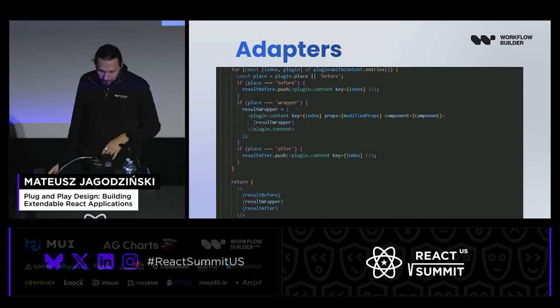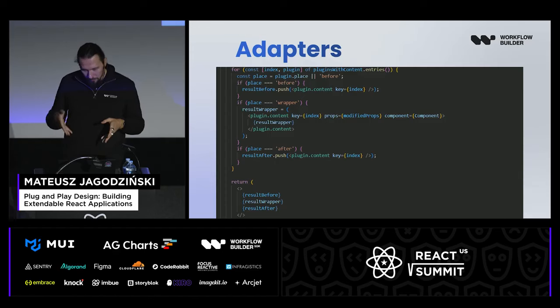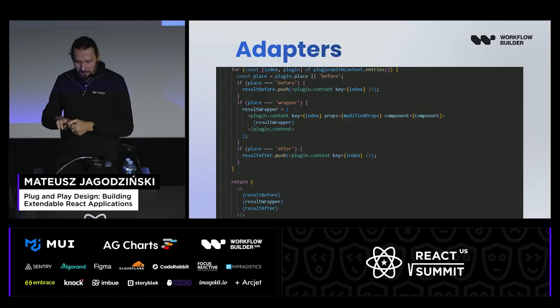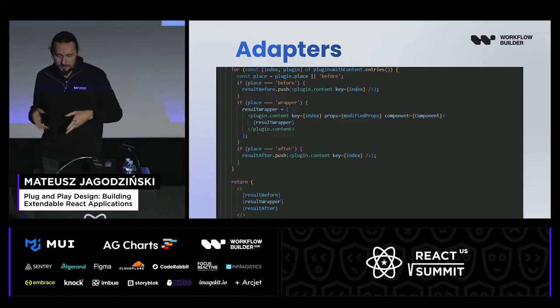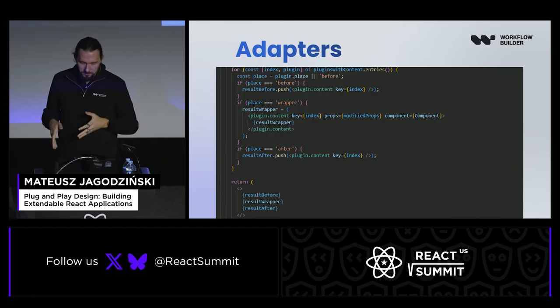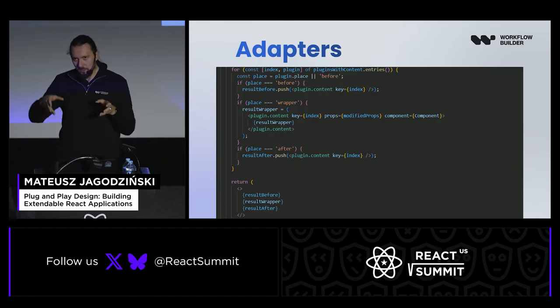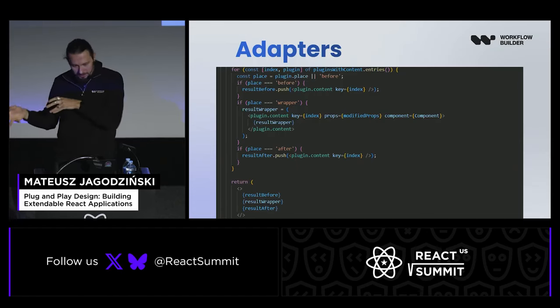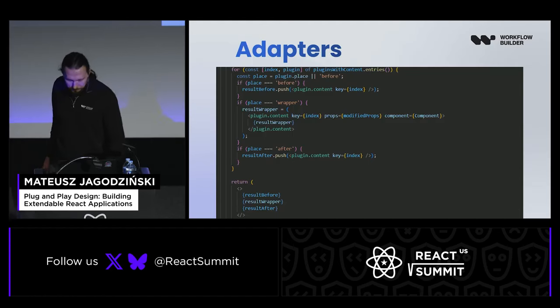The next thing that we can do within this adapter is to insert a component before, after, or create a higher order component, another wrapper right around it, together with those modified props. So this is a way to modify existing logic within the application.